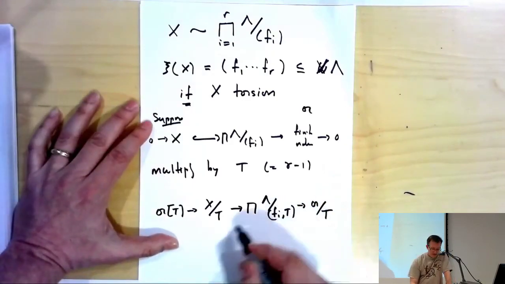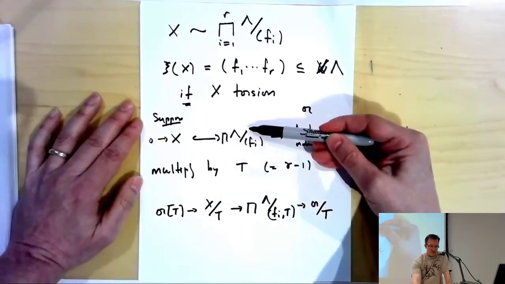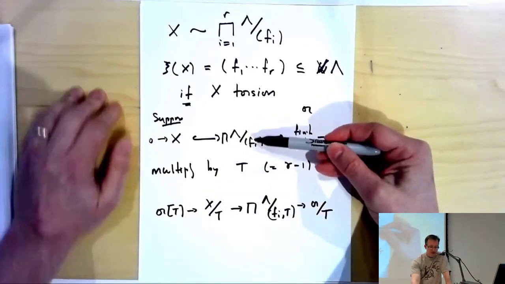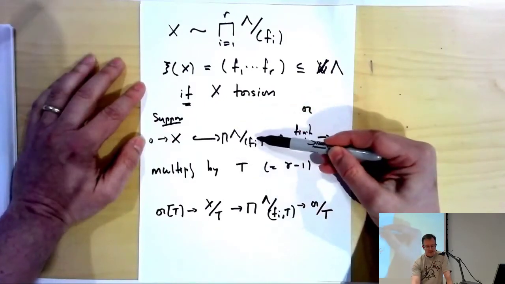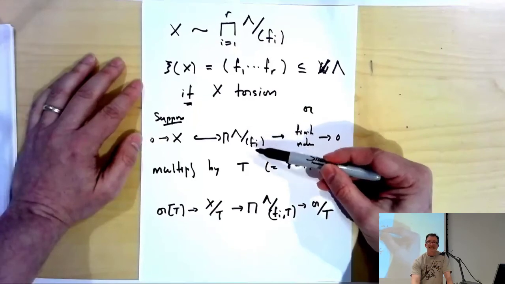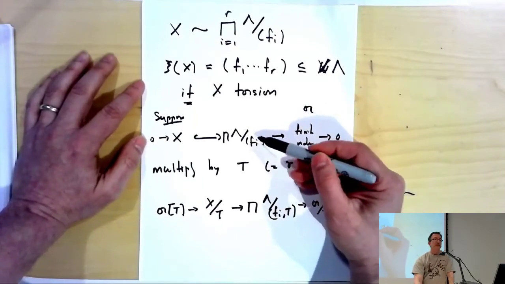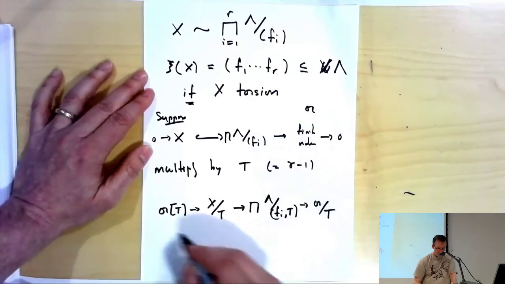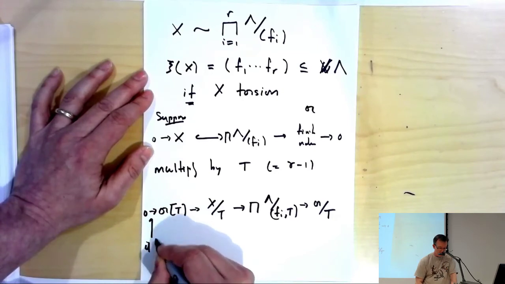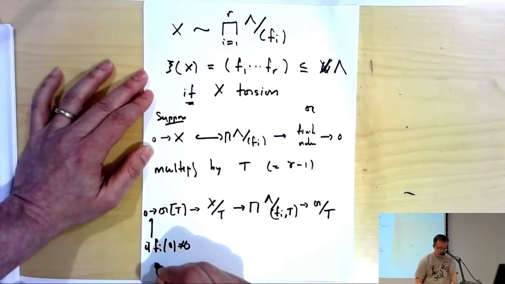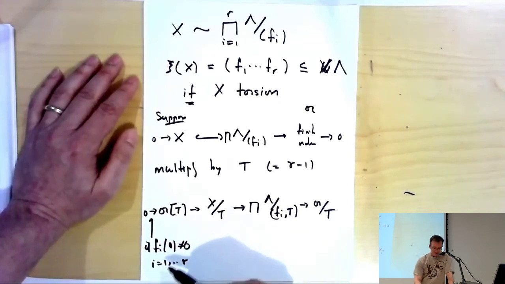And so what's the kernel of multiplication by T here? That's 0 if 0 is not a zero of any of the F_i. So this becomes an injection if F_i(0) is not 0 for all these polynomials or power series.